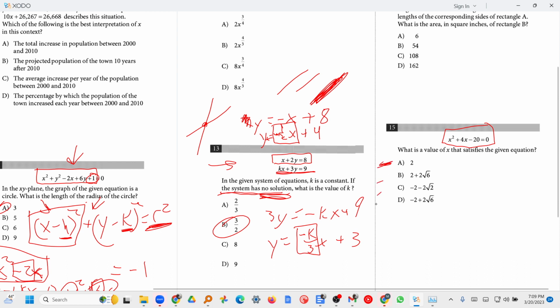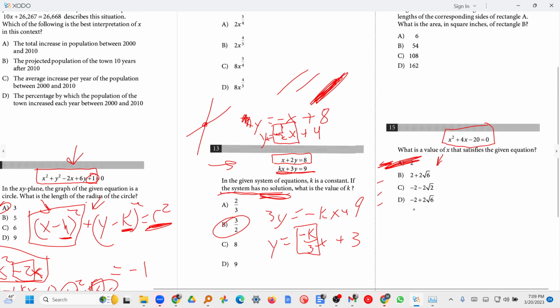But when I see these other answer choices, I'm thinking it's probably not going to work. And it turns out, yeah, no, 4 plus 8 minus 20 does not equal 0, so it's not going to be 2. As soon as I see square roots in answer choices when they're talking about a quadratic, I am probably either going to have to use the quadratic formula or complete the square. And for this one, I think it's going to be easier to complete the square.